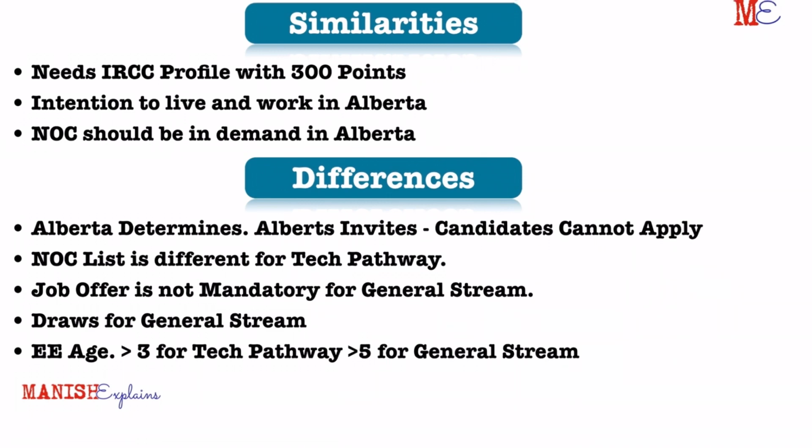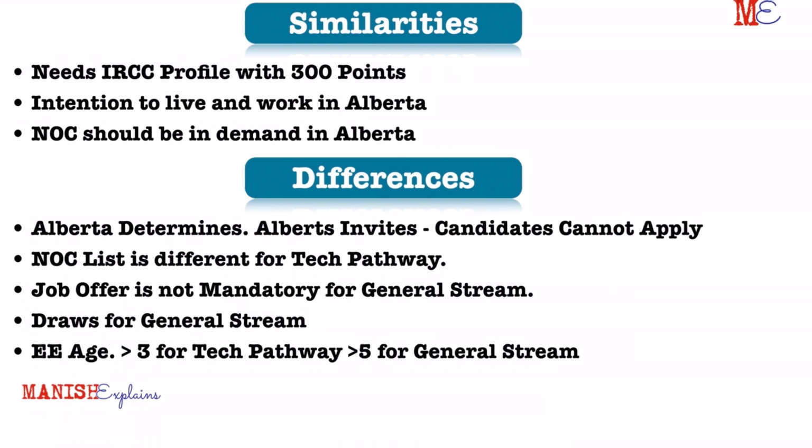Just like IRCC does draws for ITAs, Alberta does draws for NOIs. I have a video on this also. So many of us have been asking this question: Alberta has drawn for the nominations. When Alberta is doing a draw, they are only doing the draws for NOIs.